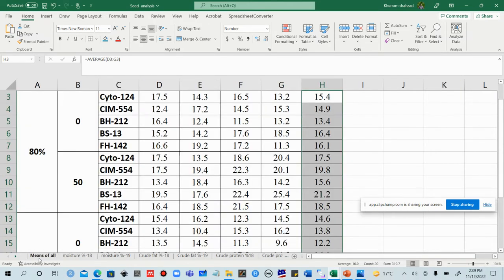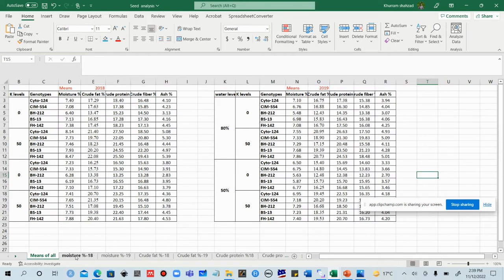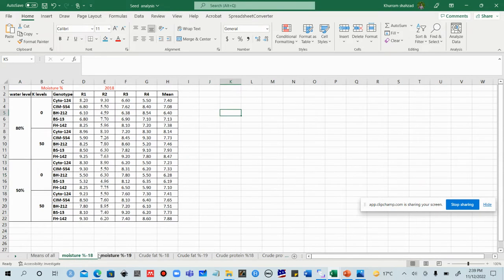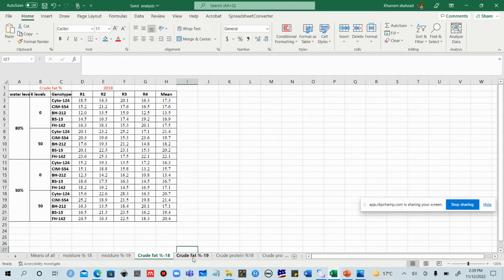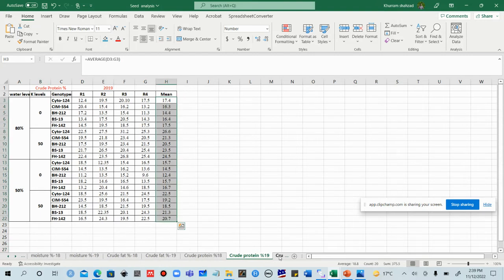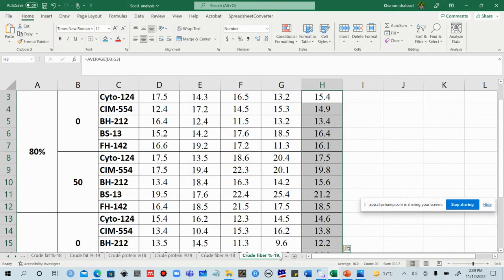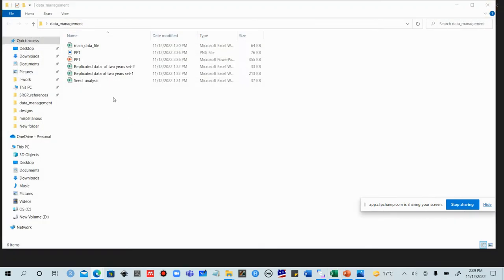He has calculated the means of data, then the moisture in 18, 19, crude fibers, crude fats, proteins. So you can see the multiple sheets in this data file, which contains multiple data sheets. I close this data file.